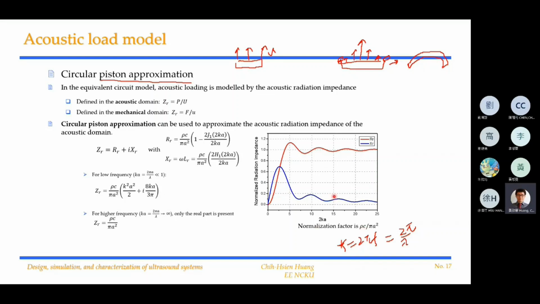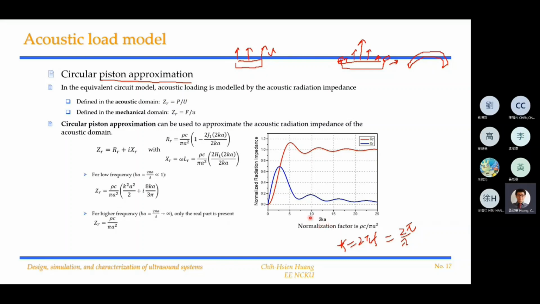And you can see if we go to the higher frequency part, our imaginary part is actually close to 0. So here we just use the real part of the impedance to represent it. But it also depends on your radius, right?